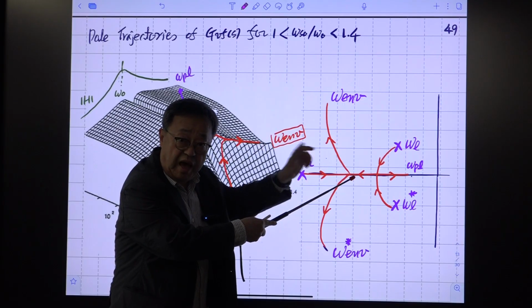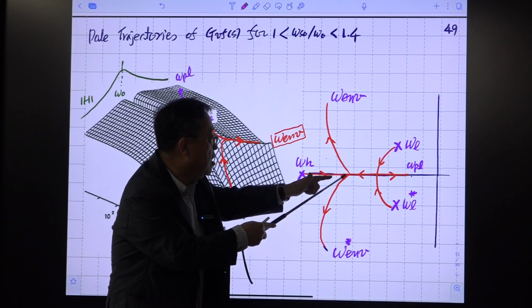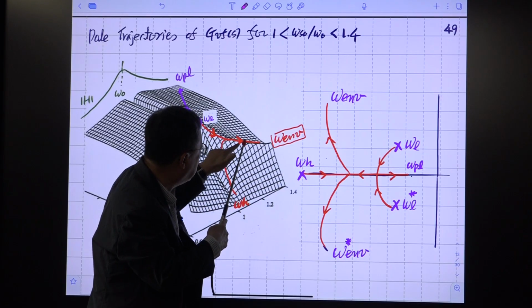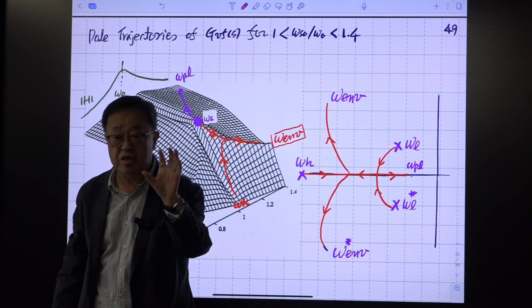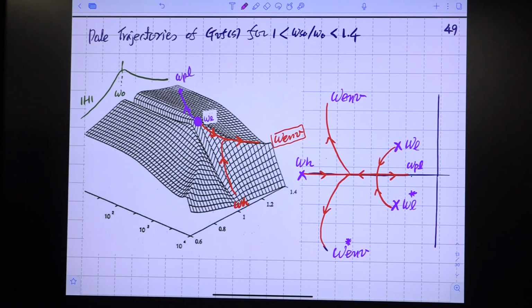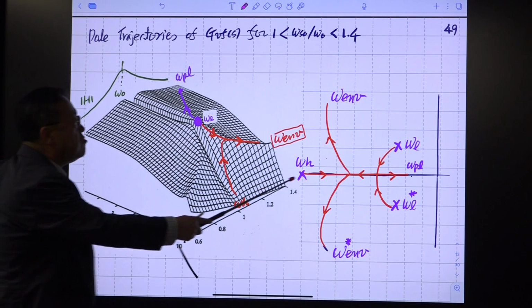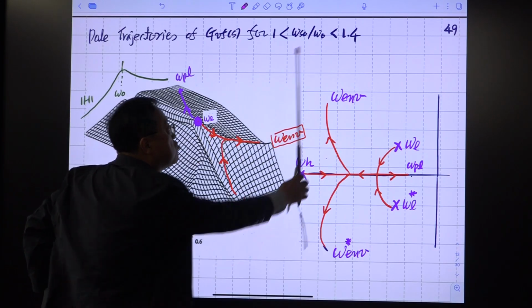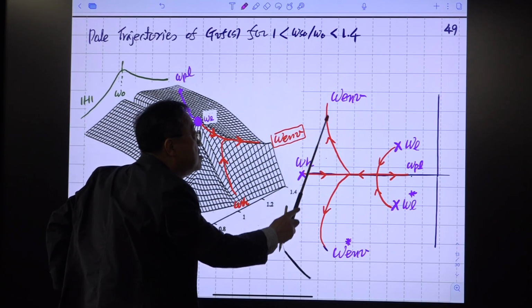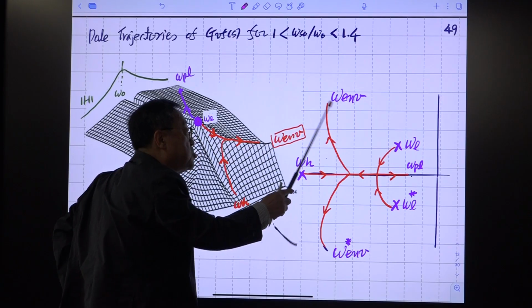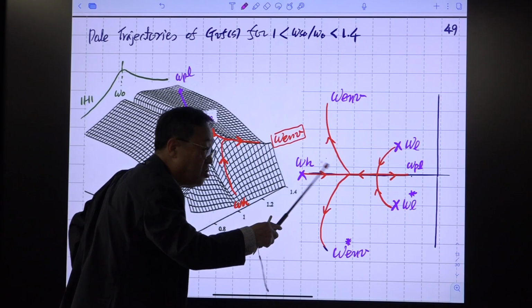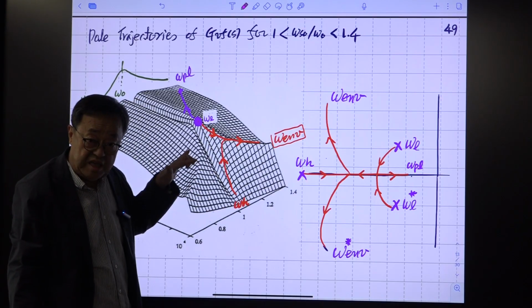They coupled as one complex pole, and this complex pole is increasing in frequency and Q factor, right? So it goes out in this direction because this direction is proportional to the Q, and this direction is proportional to omega E and B.